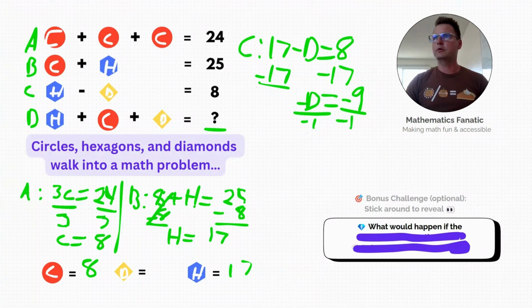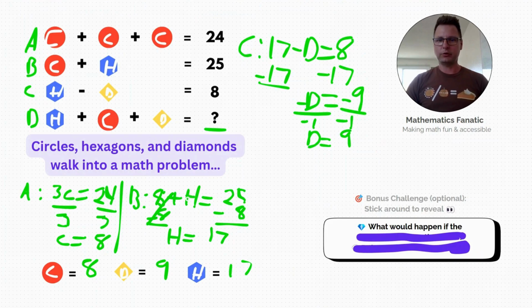So those negative ones cancel out. And then on the right side, negative divided by a negative is a positive, so we have D equals 9. All right. So we have C equals 8, D equals 9, and H equals 17. Looks like the diamond isn't as valuable as it looks.